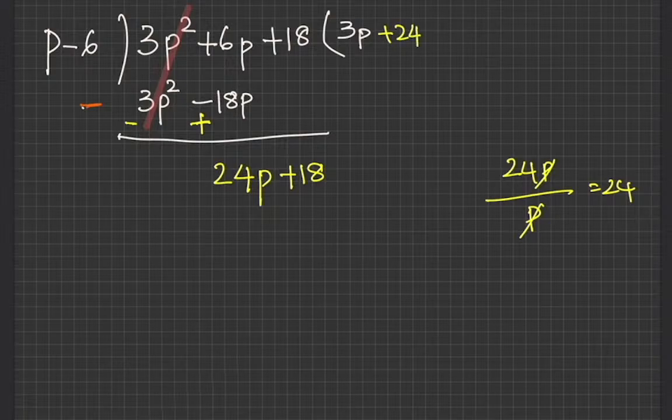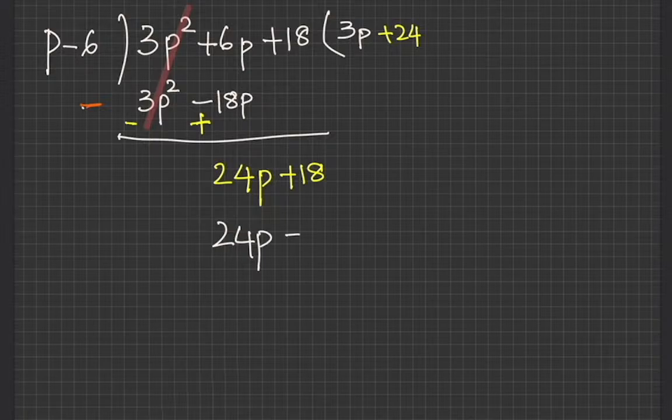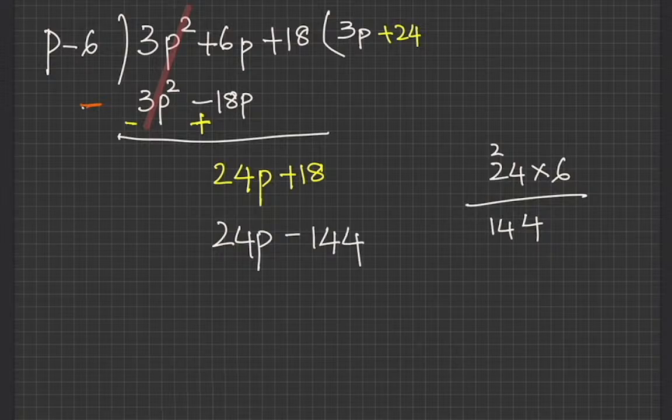Now when I multiply it, I get 24p, then I have a negative sign. So 24 times 6, 144, right? So I have 144. So now when I subtract it, I put a subtraction sign.